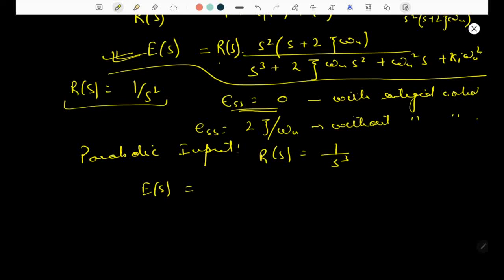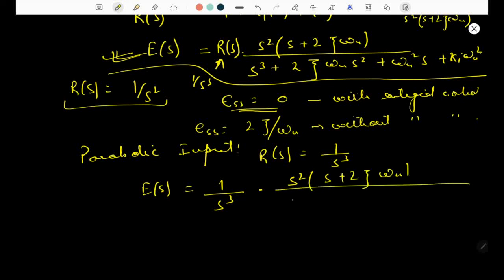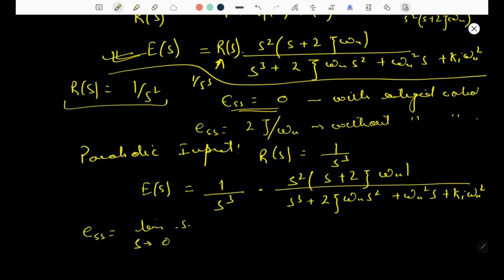We just put 1 upon s cube instead of R(s): 1 upon s cube times s square (s plus 2 zeta omega n) divided by s cube plus 2 zeta omega n s square plus omega n square s plus ki omega n square. After simplification, ESS equals limit s tends to 0 of s into E(s). Okay, this will give us what?